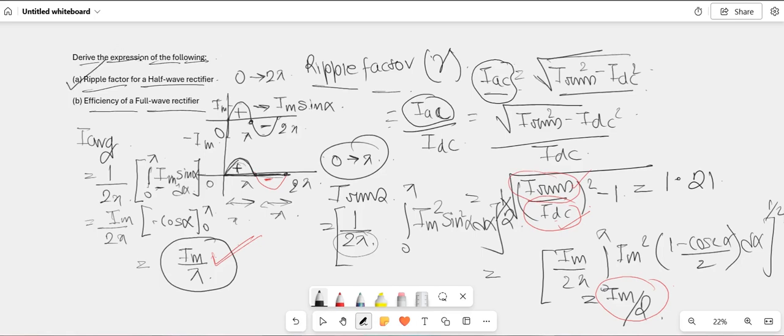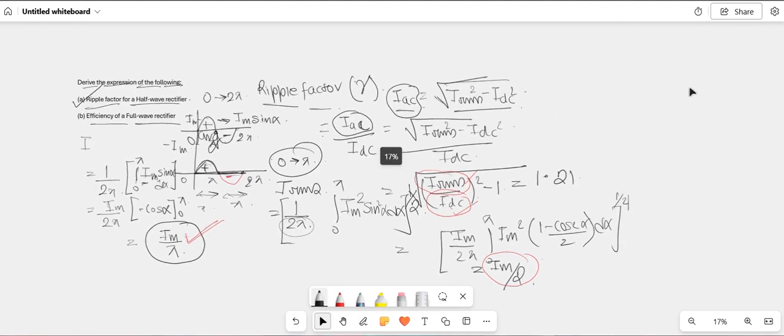And now, if we want to find the efficiency of a full wave rectifier, the efficiency can be found in a simple manner. So let us perform the efficiency here.